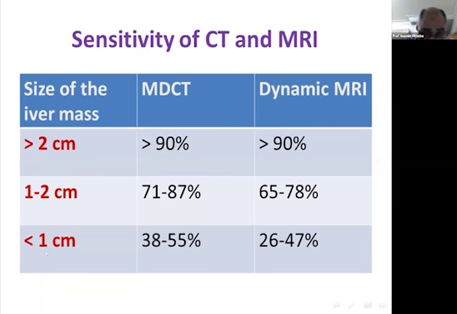But for lesions smaller than 1 centimeter, the sensitivity becomes very low, ranging from 38 to 55% for CT and 26 to 47% for dynamic MRI.